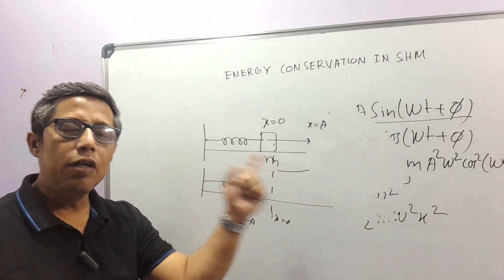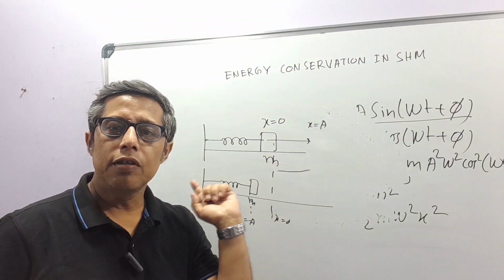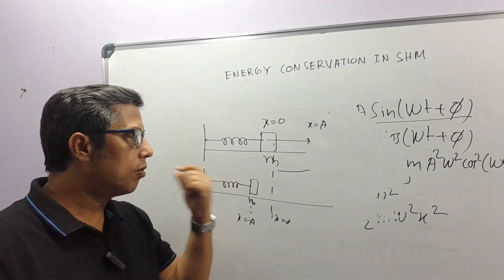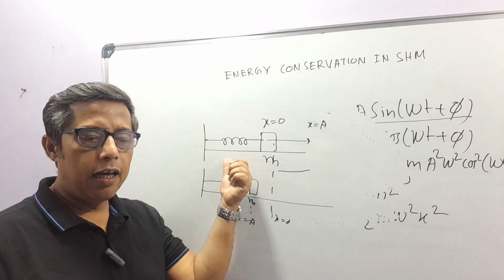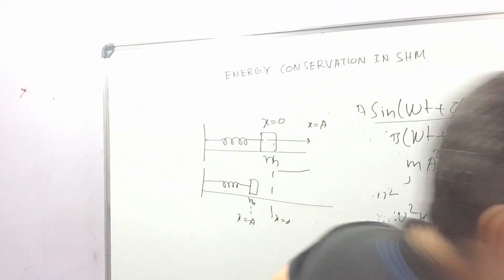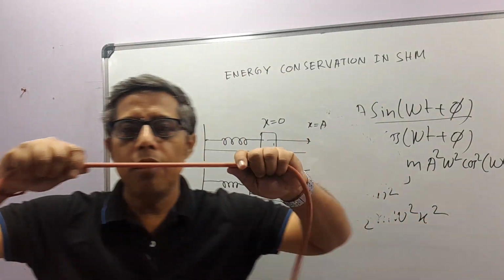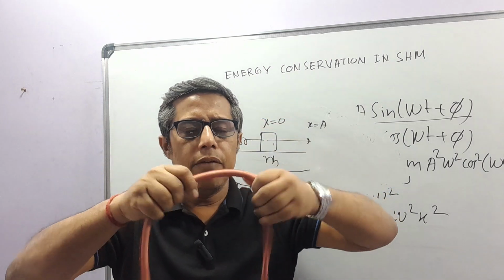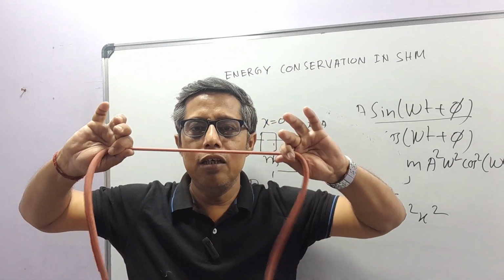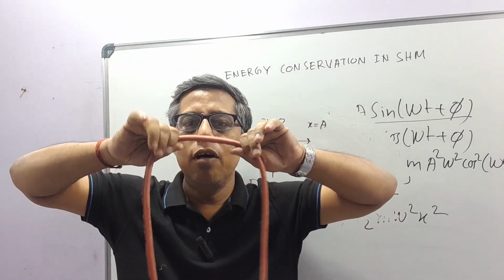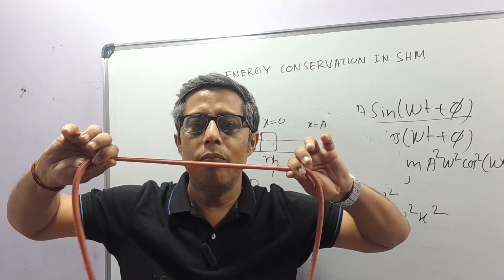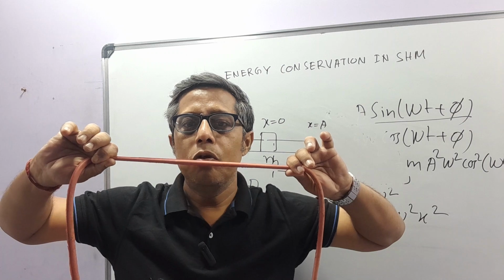So the spring is doing simple harmonic motion under the restoring force, the elastic force of the spring. Let's say this is an elastic material, same as a spring. If we stretch this rubber, which has high elasticity, with a force, from the mean position, we receive the opposite force.